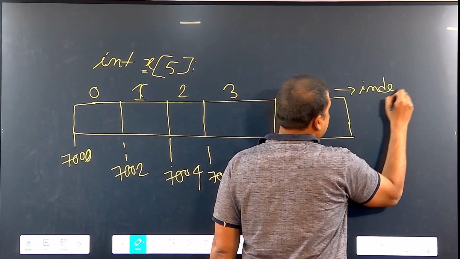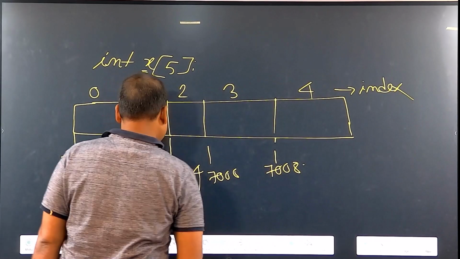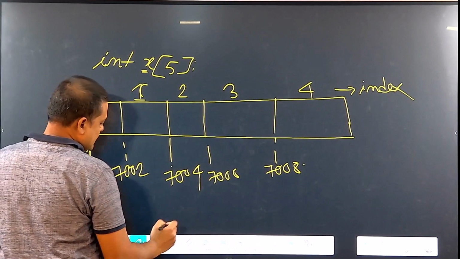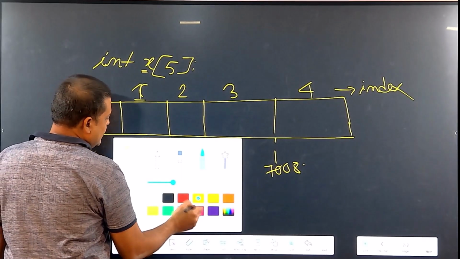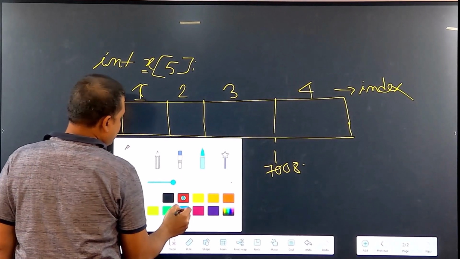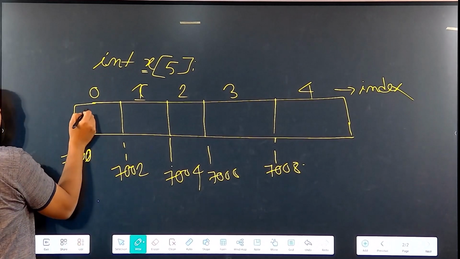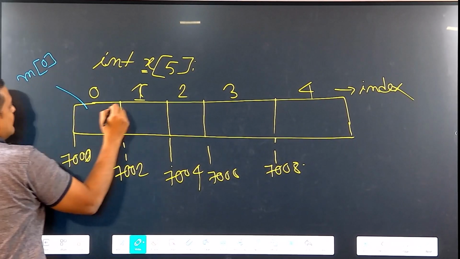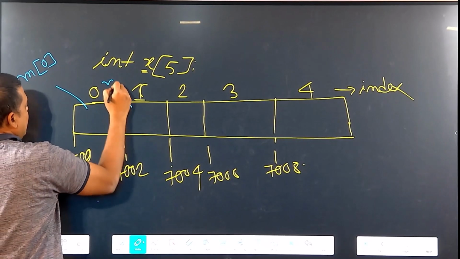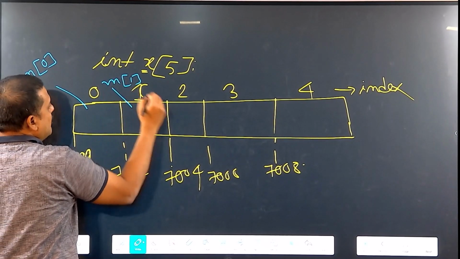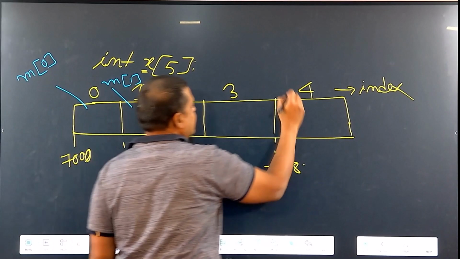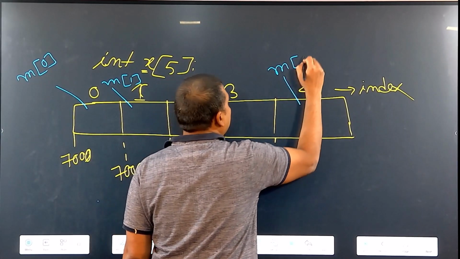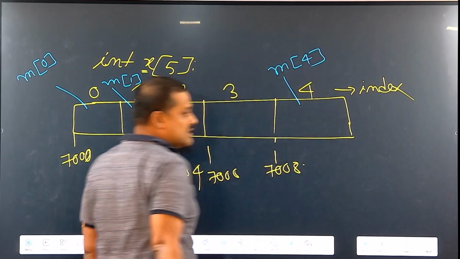And these locations are known as, like this location is known as M of 0, this location is named as M of 1, M of 2, M of 3, and this location will be named as M of 4. This is called an array.